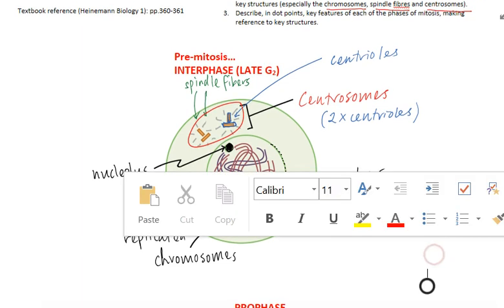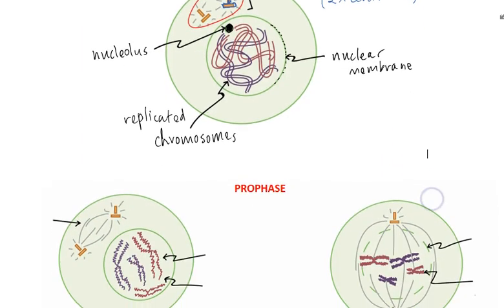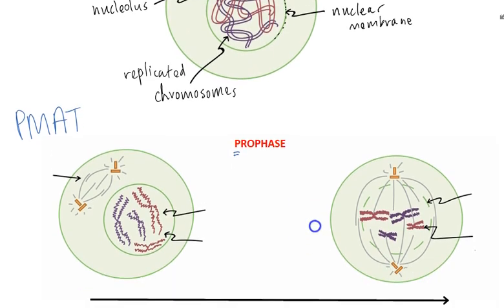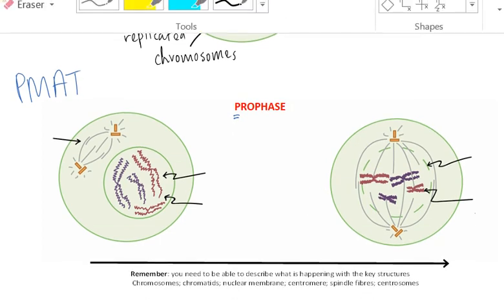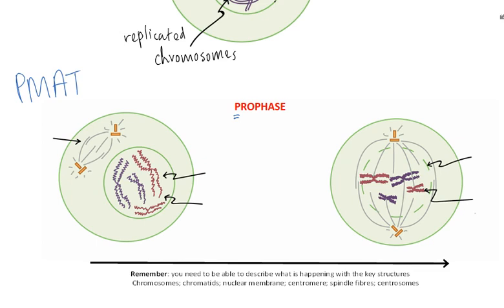Now we move into mitosis, and the first phase of mitosis, and I'll just write the acronym for mitosis, PMAT. The first stage, the P, is prophase. In prophase, the beginning, we have to see certain things happening. First, what do we see here?